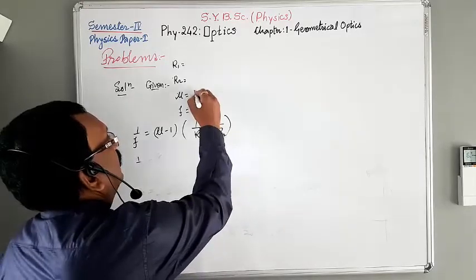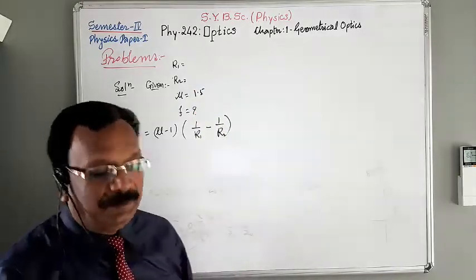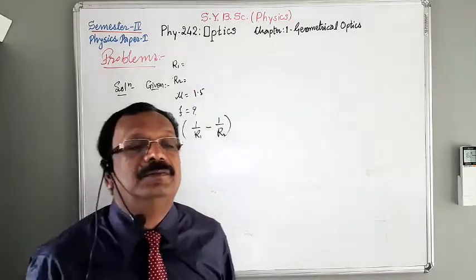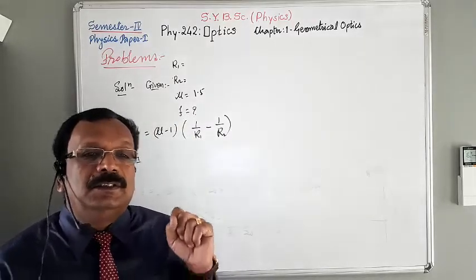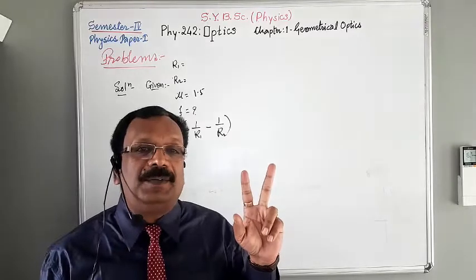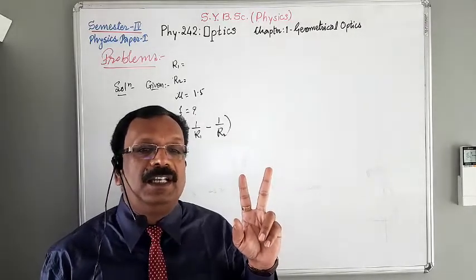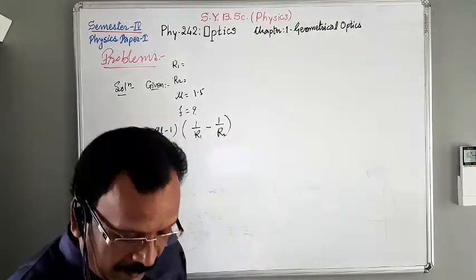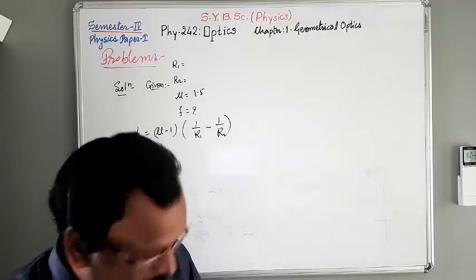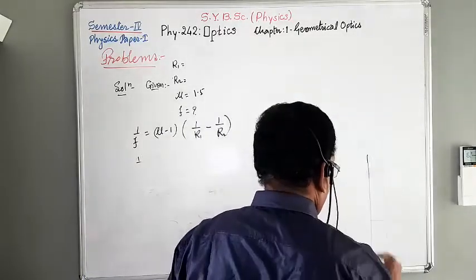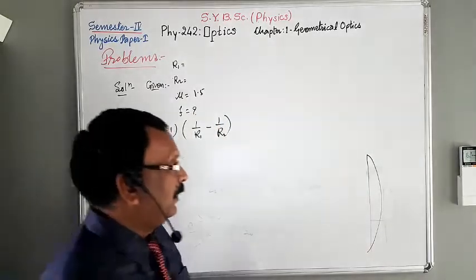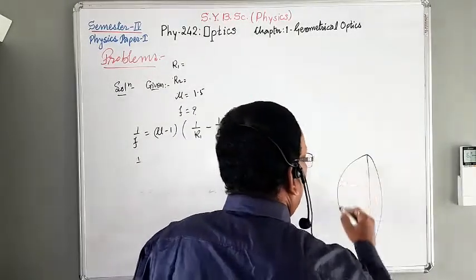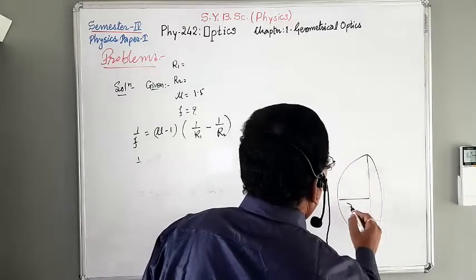Again, the refractive index of the material is given as 1.5, and the lens has two spherical surfaces. One surface has a radius of curvature of 25 centimeter, and the other has a radius of curvature of 70 centimeter.